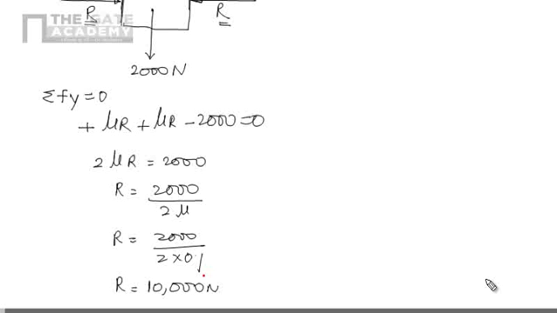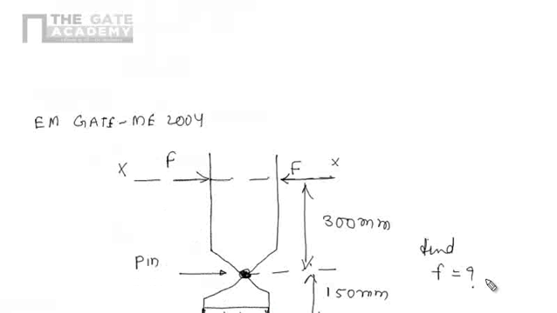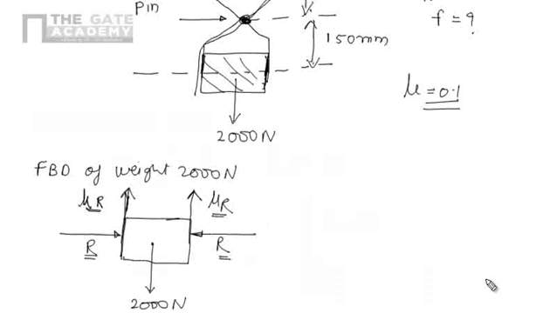Now we are interested in the free body diagram of one link. We can draw the free body diagram for either link, so let's draw it for this link. We have this kind of link, and here we are applying the force F, and on this surface we have to draw the free body diagram.